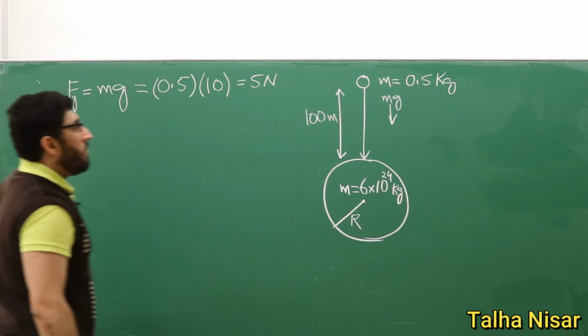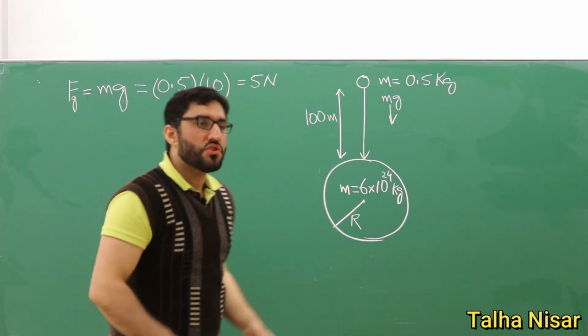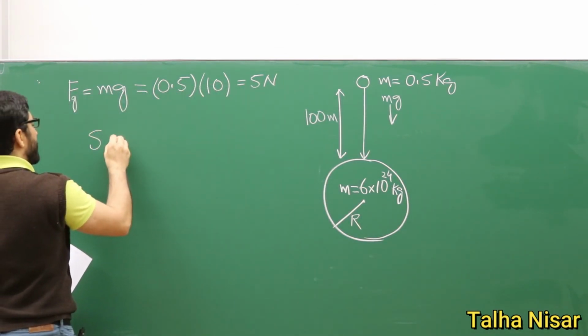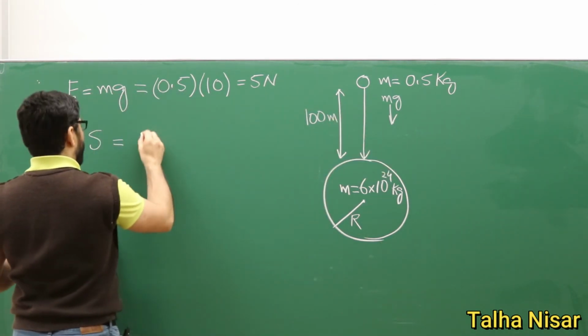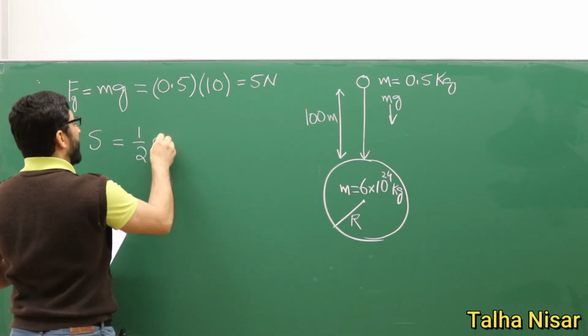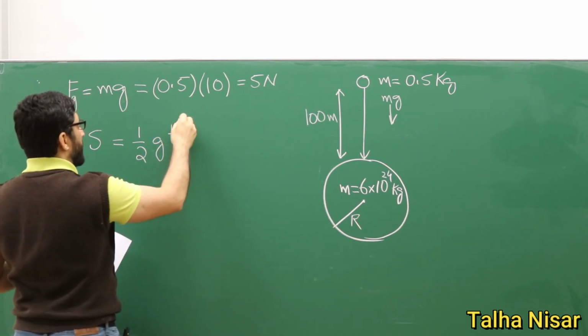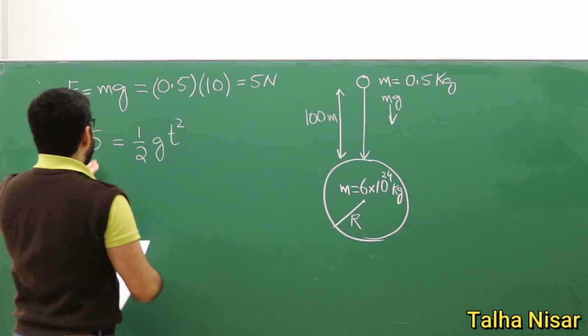Now we want to know how long this ball will take to reach the Earth. The distance is equal to 1 by 2 g t squared. We derived this formula in our first lecture when we were talking about dimensions.